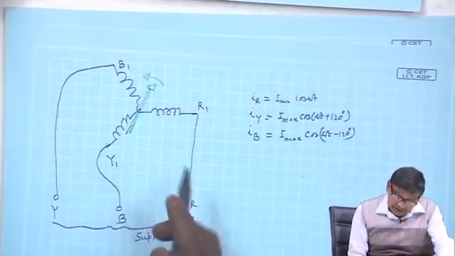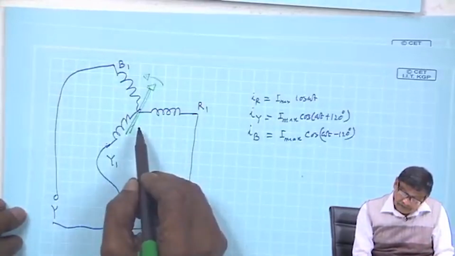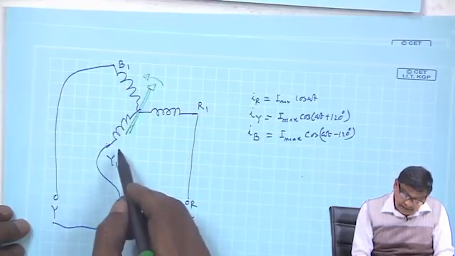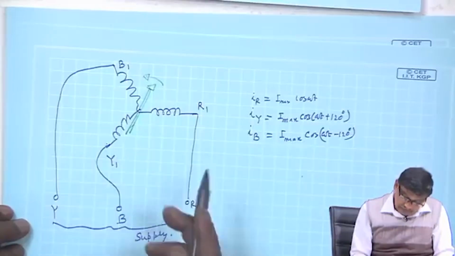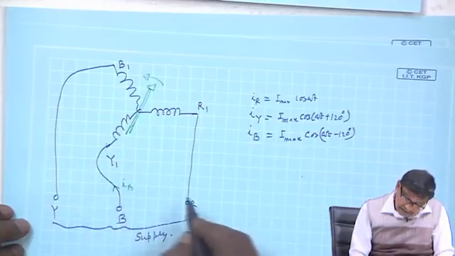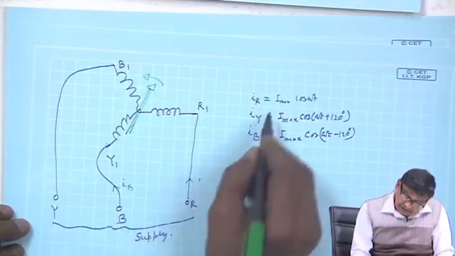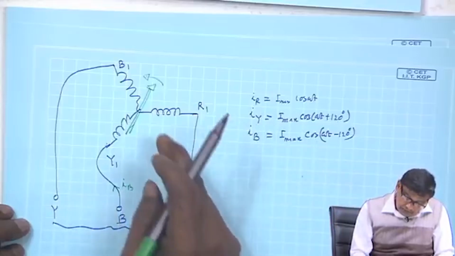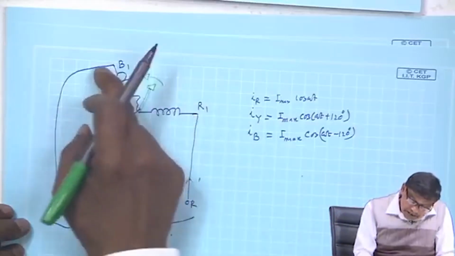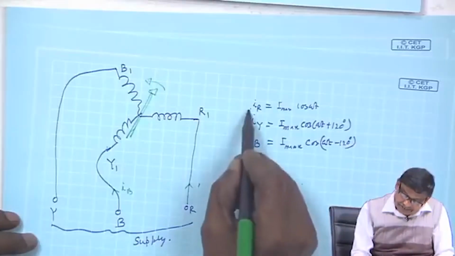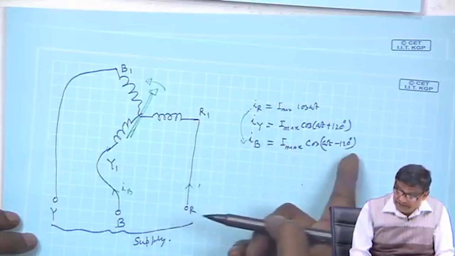So, I R is this, I Y carries a leading current and this is Y. So, this is I R, I B is lagging. So, from R to B it will move, whoever is lagging, I B is the next lagging.